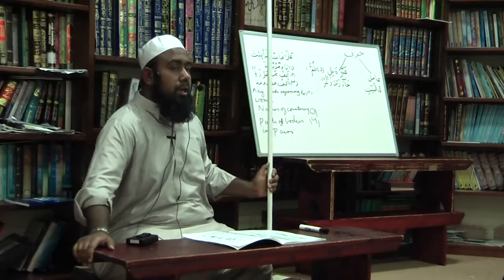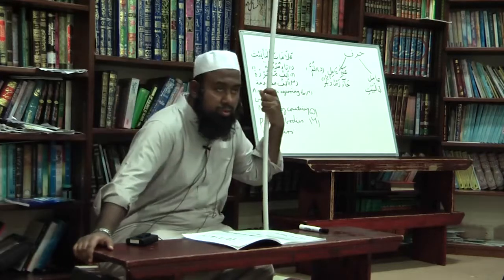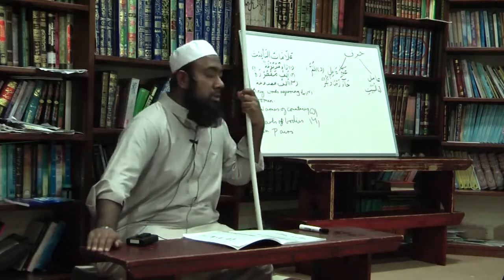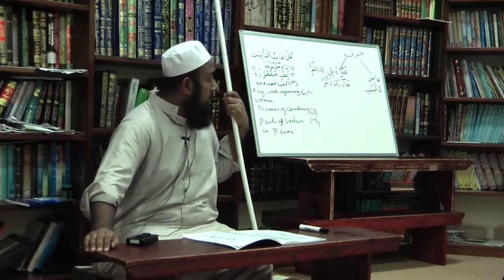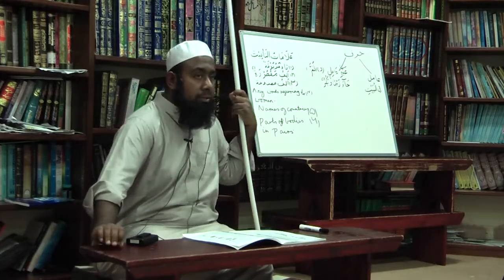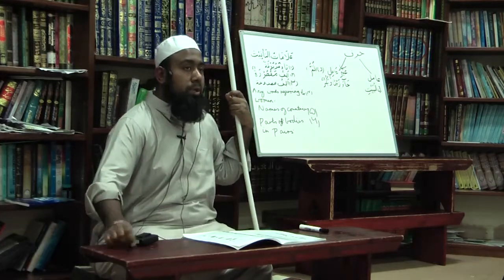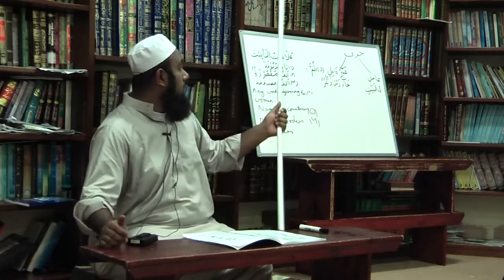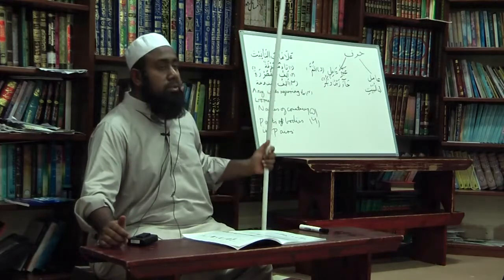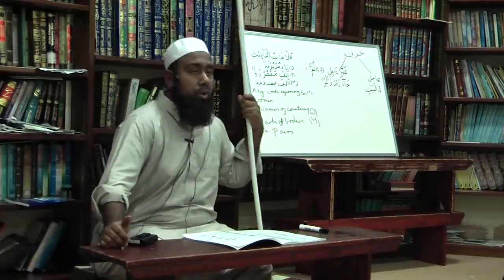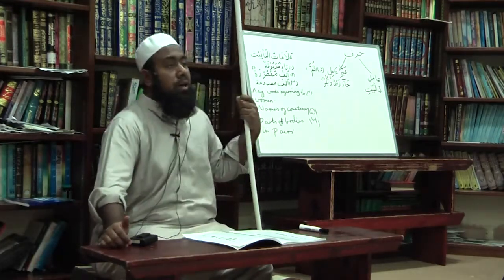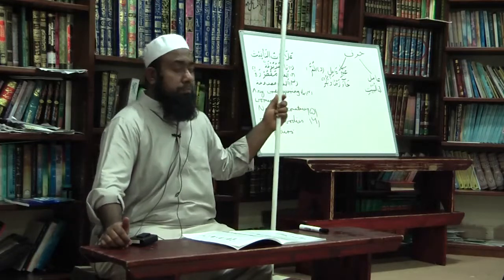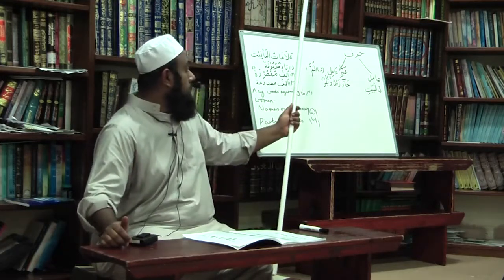Amil means effective cause. It changes the haraka, the diacritical mark, of the following noun that comes after it. And ghayru amil has no effect on the noun which comes after that particle or preposition.